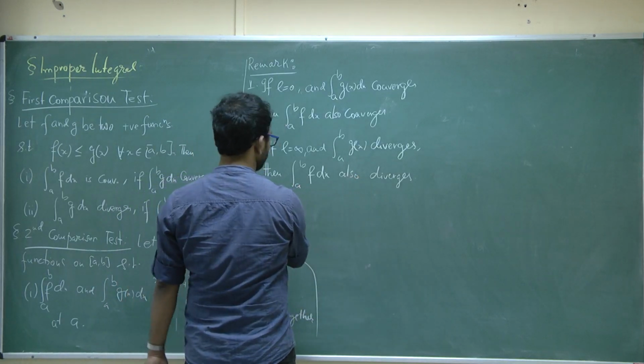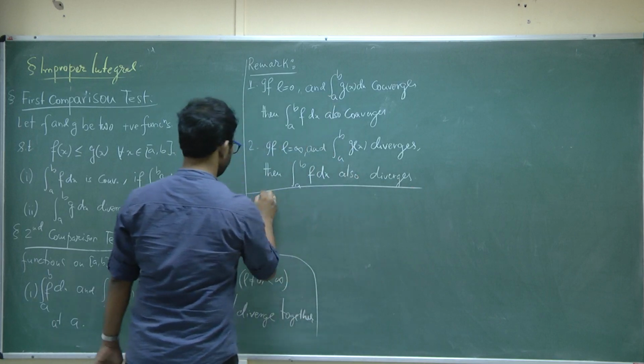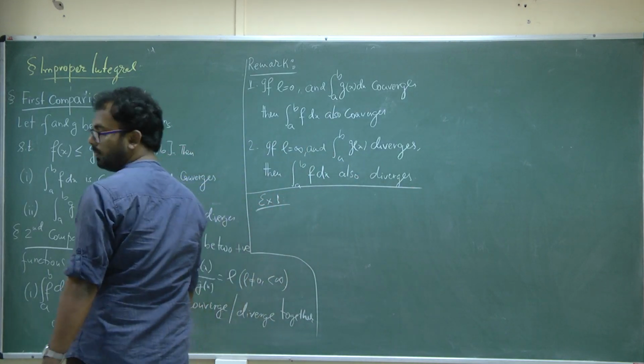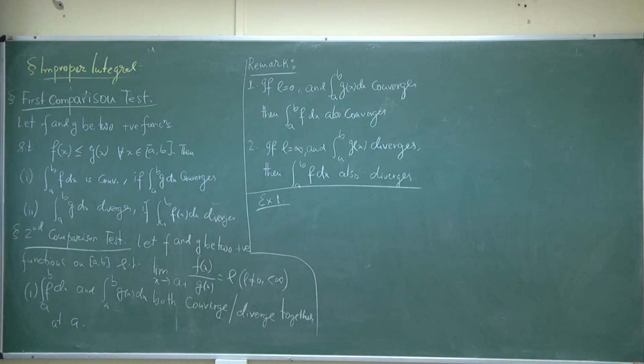Okay, let us start from here. Example 1. How do we implement the improper comparison test?